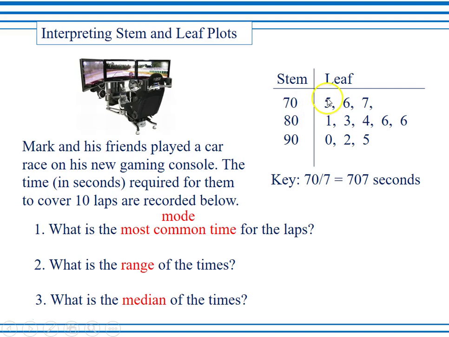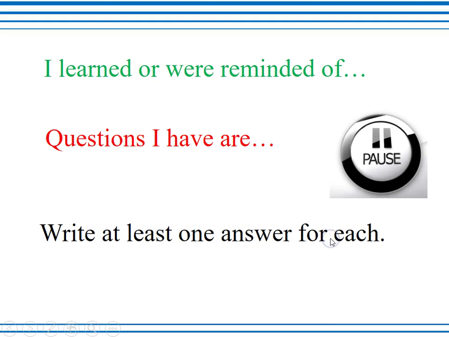So 705 seconds, 706 seconds, 707 seconds, there would be 3. 900 seconds, 902 seconds, 905 seconds, that would be 3. So now we need to find the middle number in here. Okay, and then tell me something that you learned or were reminded of and a question that you have.